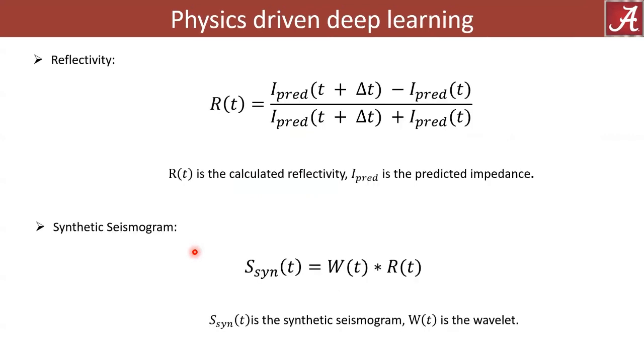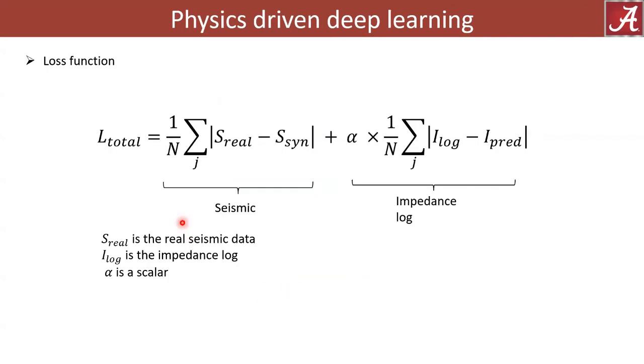And here are some equations. We calculate the reflectivity based on the predicted impedance and convolve it with the wavelet to get the synthetic data. For the loss function, which is very important in deep learning, the physics-driven method has two parts.